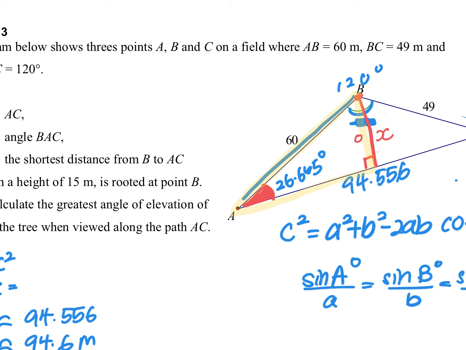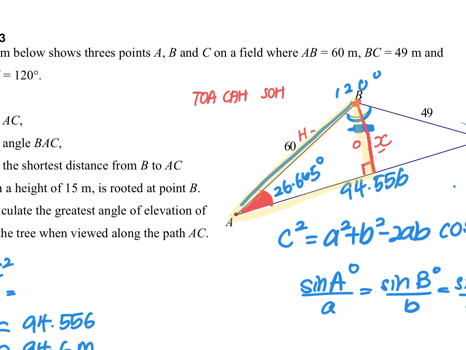Or cannot use at all? Cannot use at all, right? Then what other number can I use? I got the 60, correct? Right, so in this case, which one do we use? So now I got the X, which is my O, and H, which is the hypotenuse. So use the sine. Sine of the angle 26.665 is equals to 1.